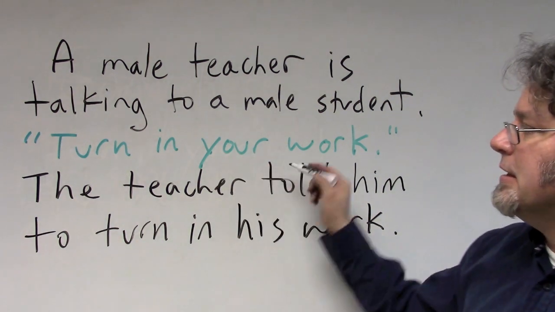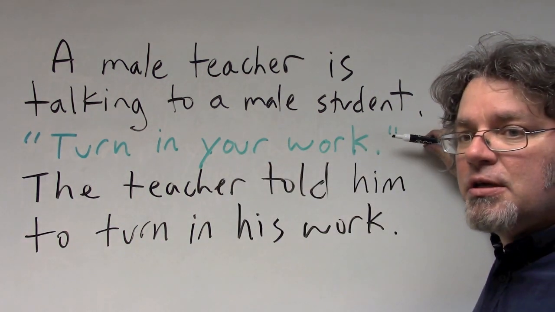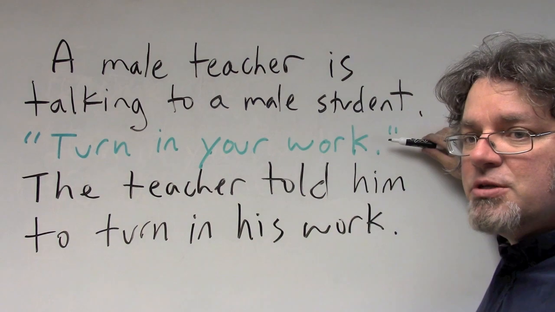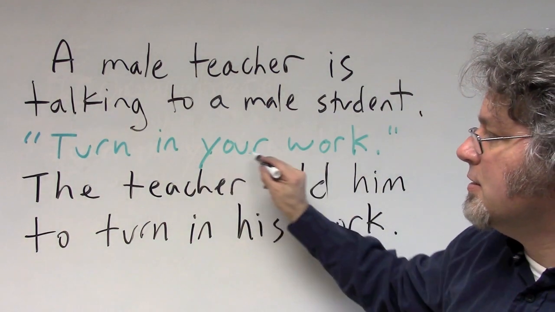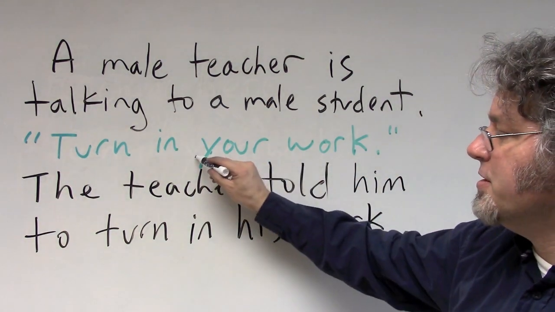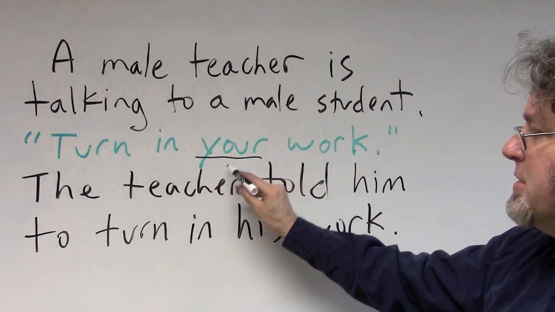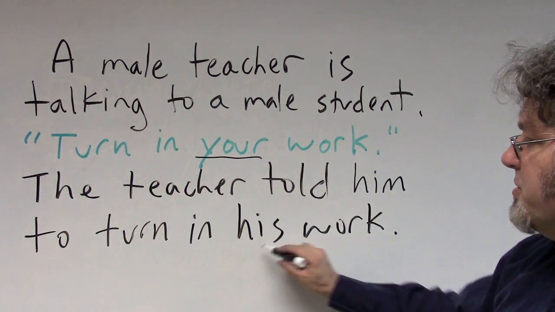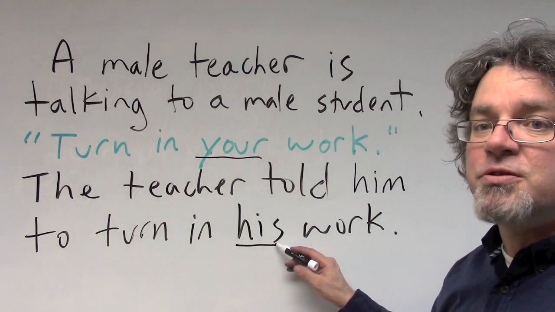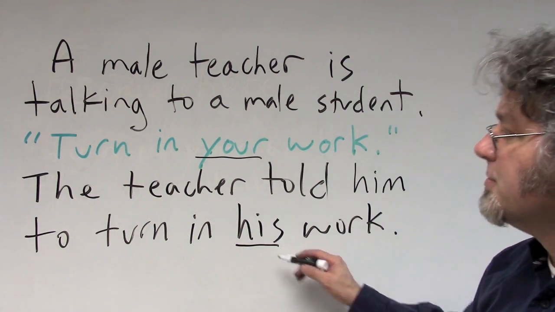Whereas originally, in the direct quotation, in the form of direct speech, this is the possessive adjective, turn in your work. This becomes, the teacher told him to turn in his work, because you're talking about a male student.